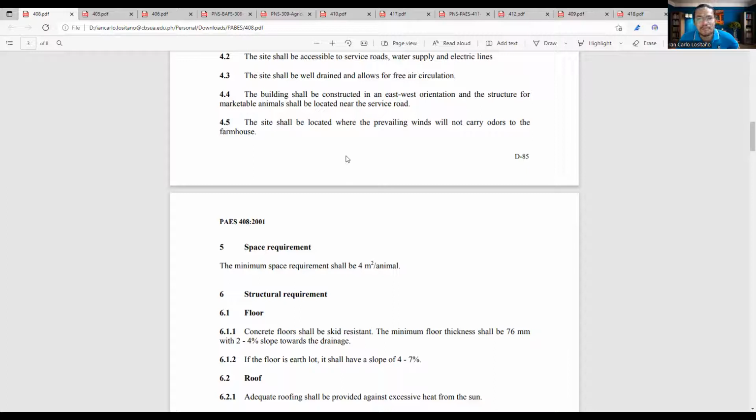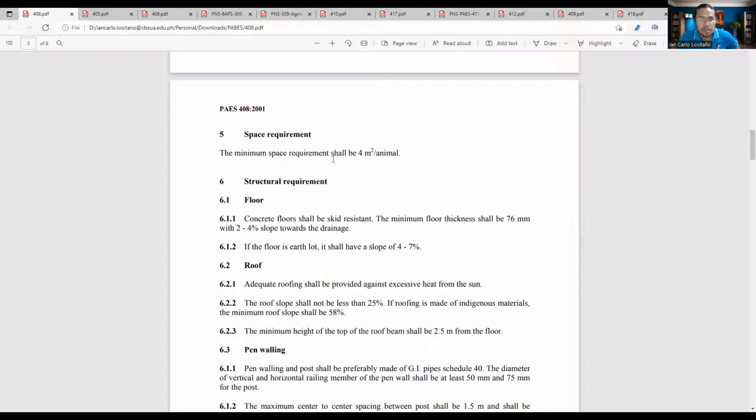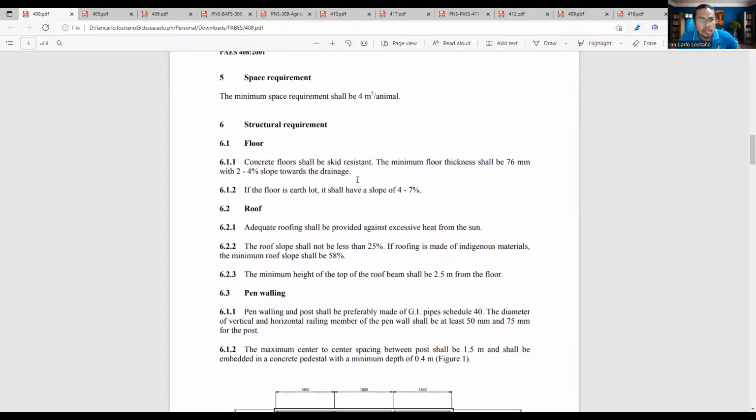So it is best to avoid the prevailing winds. Thus, it should be considered in the design or the location of such building. Now, the minimum space shall be 4 meters squared per animal. And for the floor, if it's earth, then the slope should be only 4 to 7%, while the concrete shall be skid resistant, or not slippery.